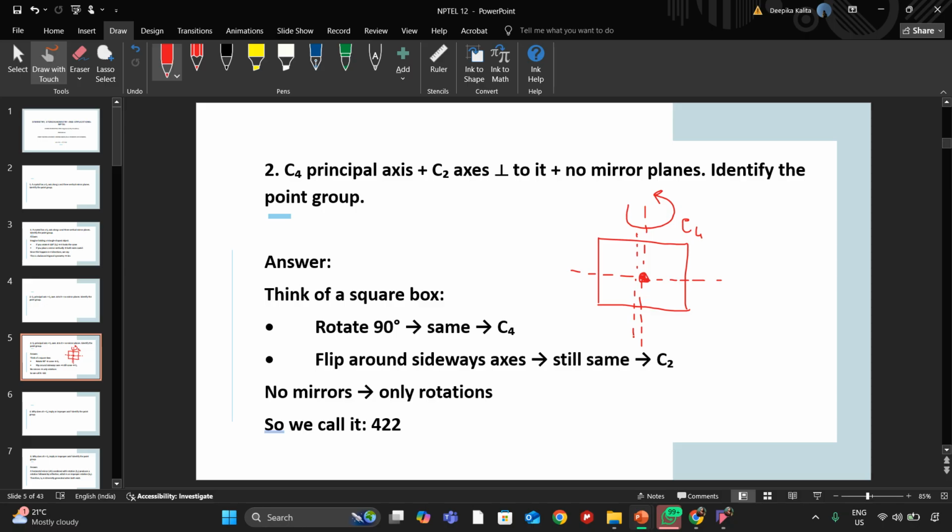So the crystal has only rotations and no mirror plane symmetry. The point group associated with this crystal will be called 422.